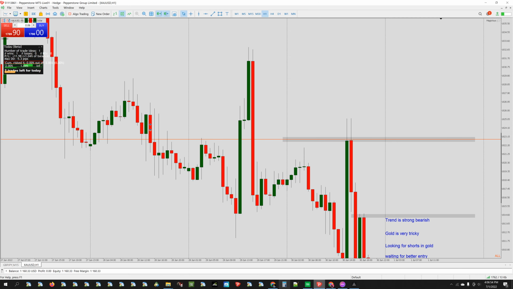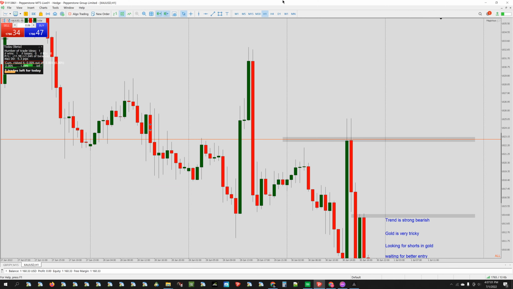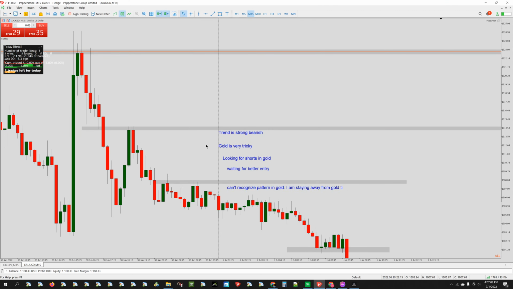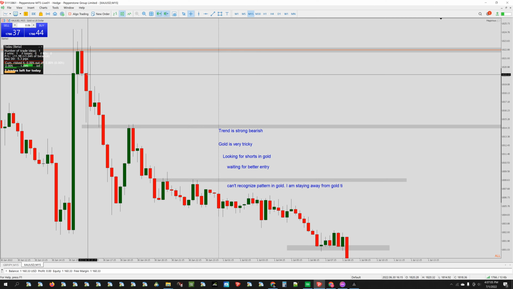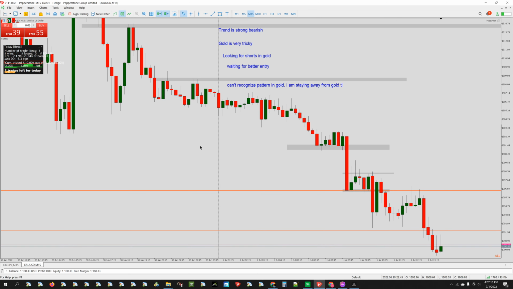So this condition is also met, and next condition is the entry in line with higher time frame. So yes, at this point this was our entry. We could easily have secured at least 50 pips, and that's it. So this was an example of pattern 3.